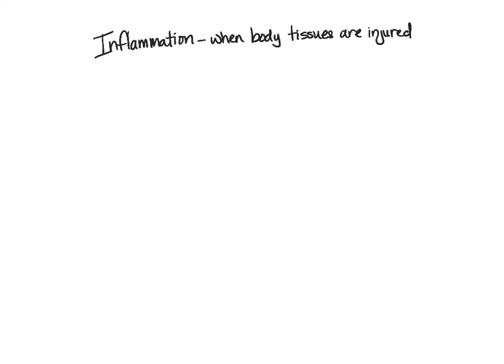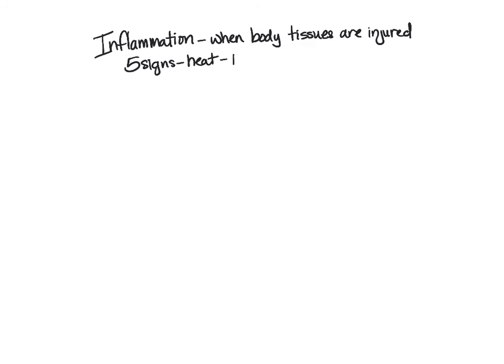So any type of tissue injury is going to cause inflammation. And there are 5 signs of inflammation. So the first sign, these are signs of inflammation to know whether or not this is what's happening in the body. The first one is heat.